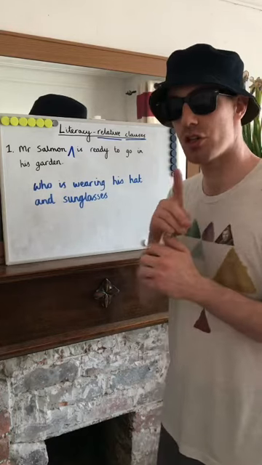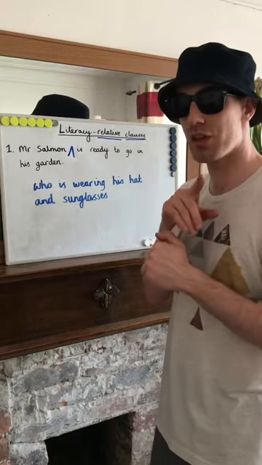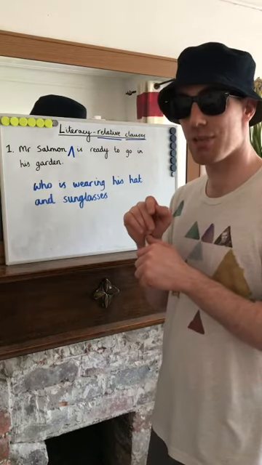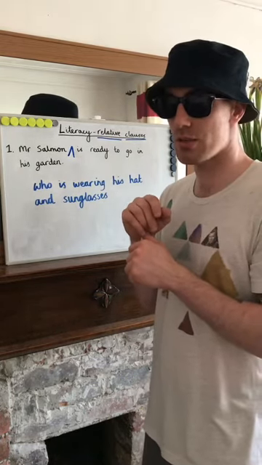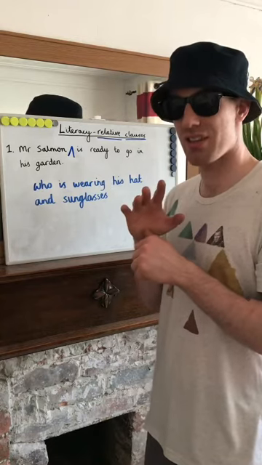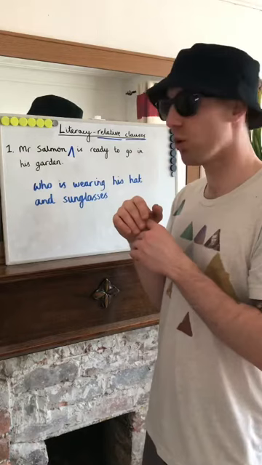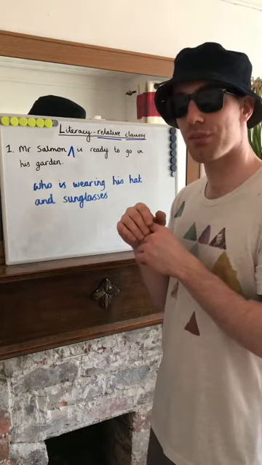Now, we're not finished yet because there's something very, very important that we need to add to this relative clause to make it make sense. Can you think what that is? Hit pause and have a think and see if you remember from our classes in year 5 to see what this relative clause is missing.